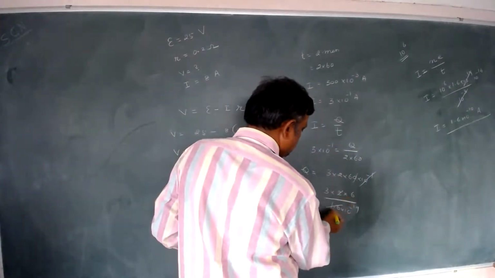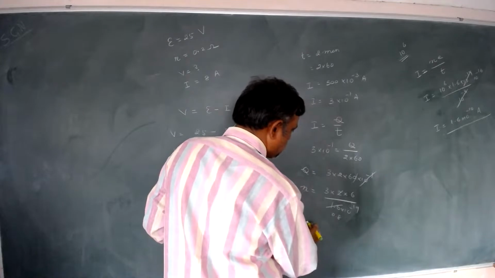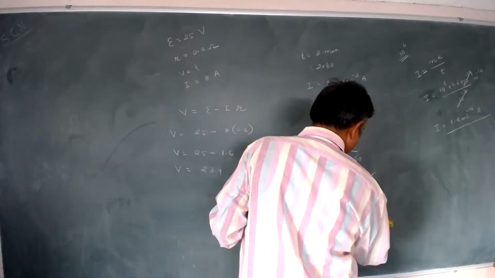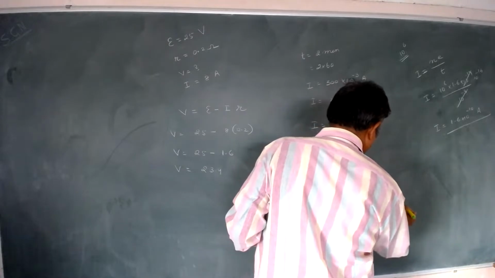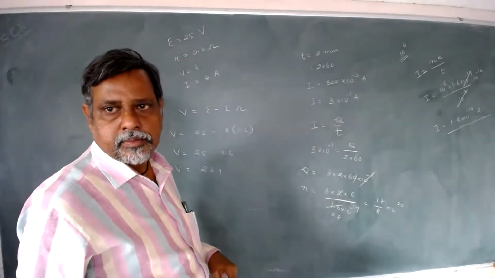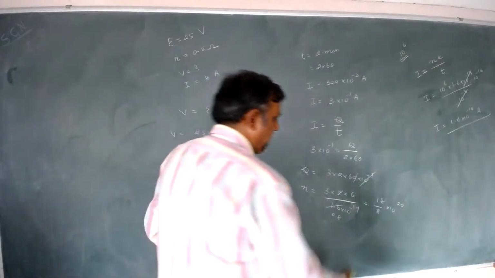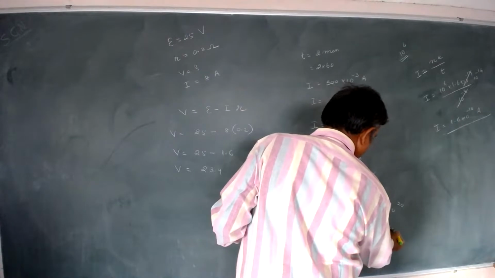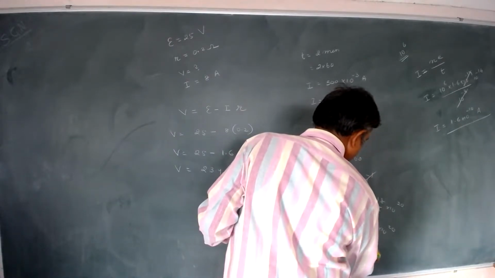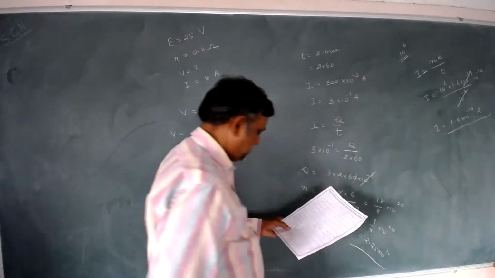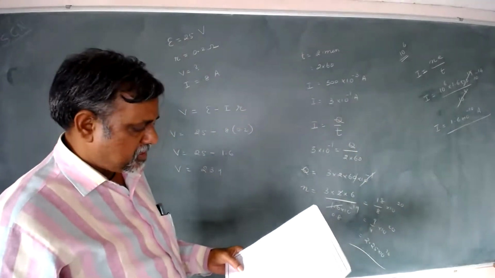This is 18 by 8 into 10 power 20, so this is 9 by 4 into 10 power 20. So this is 2.25 into 10 power 20. So option B is correct.